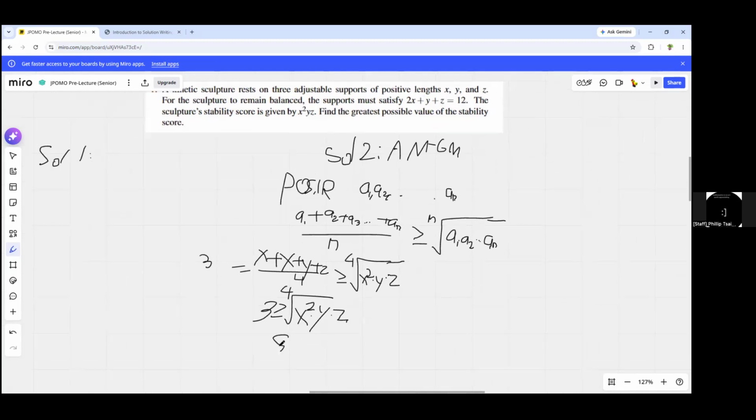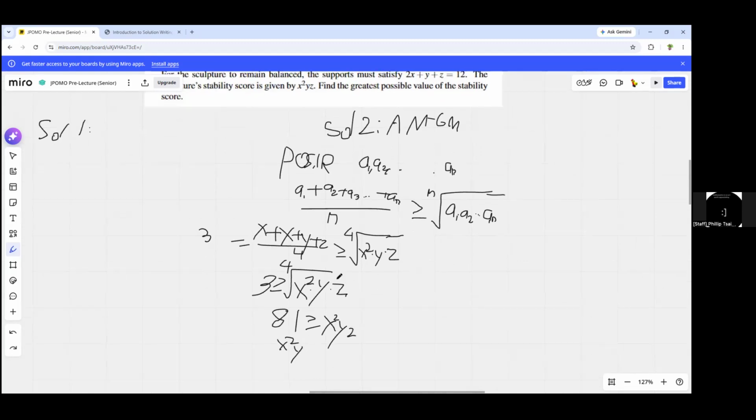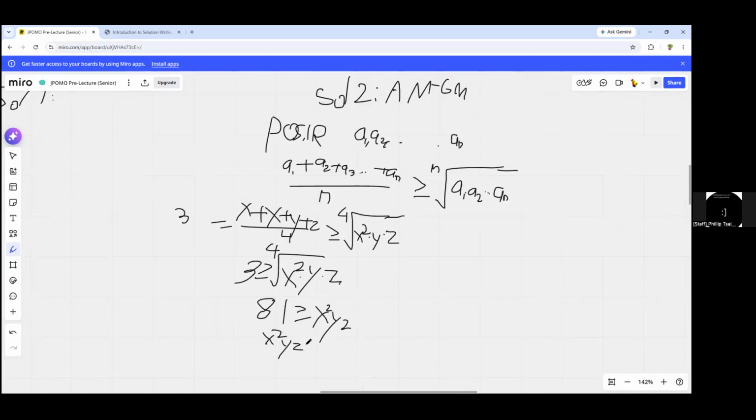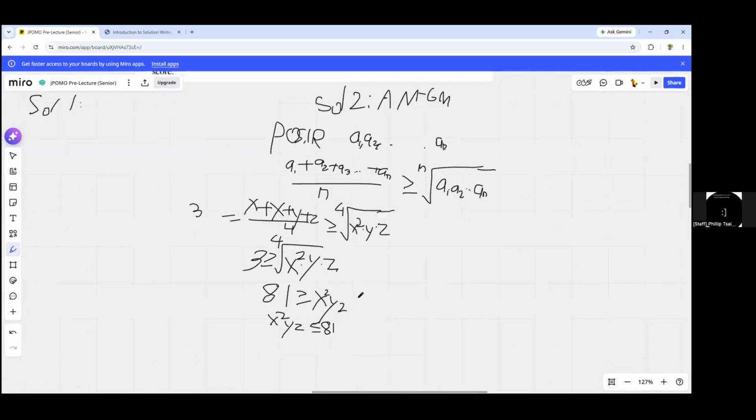So 81 is greater than or equal to x squared yz, or in other words, x squared yz is less than or equal to 81. Now, are we done yet? That's the question. Because we have x squared yz less than or equal to 81. But are we done yet?